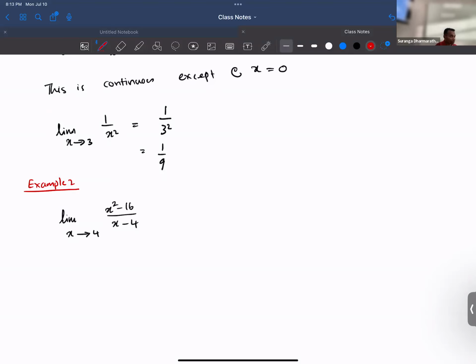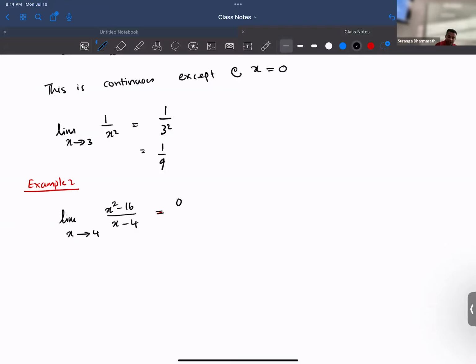But we can try direct substitution. What would happen if I directly substitute? The numerator is 0, because 4 squared is 16, and 16 minus 16 is 0.